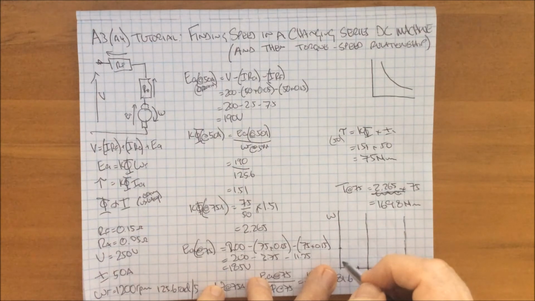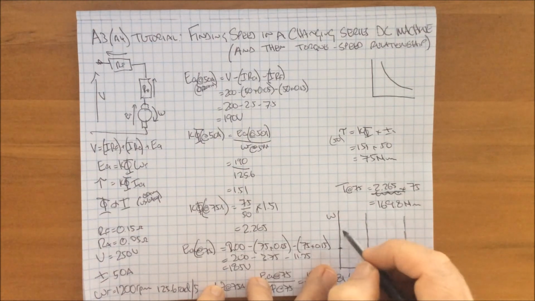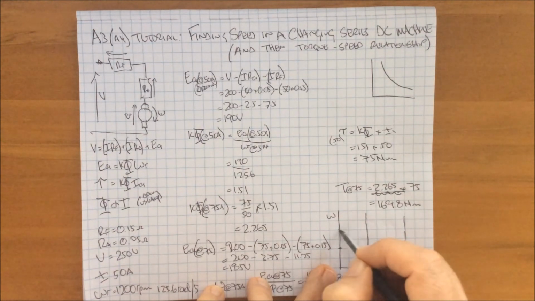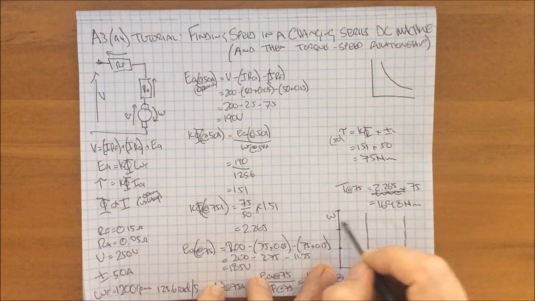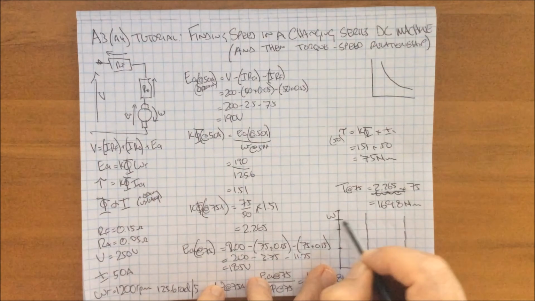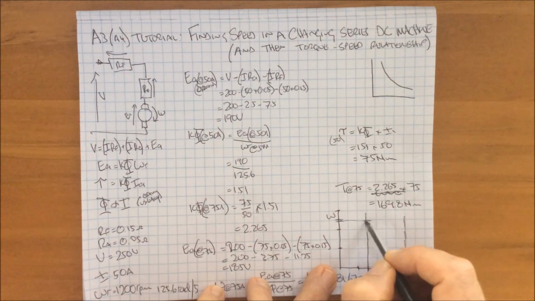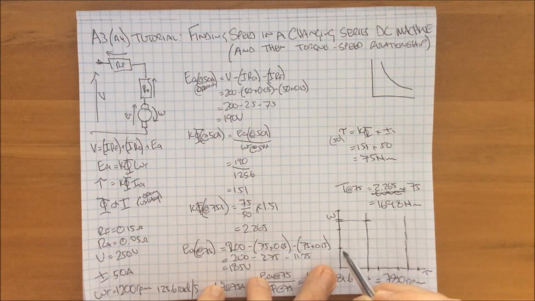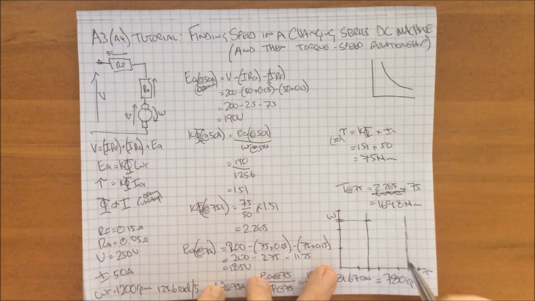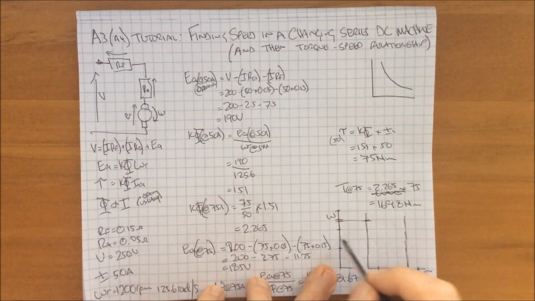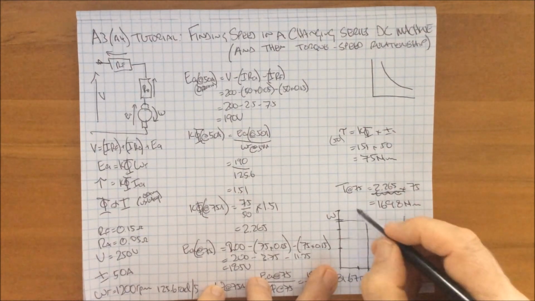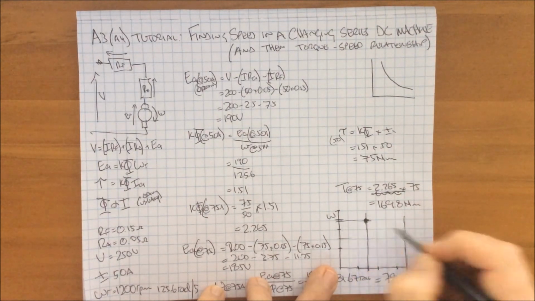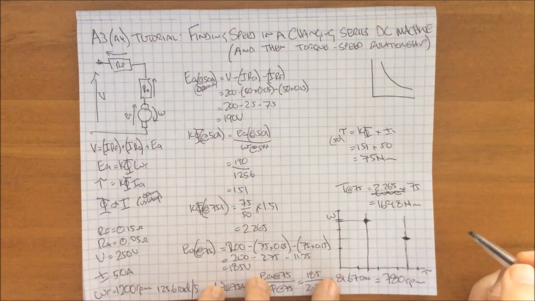So if we make that 500, 1,000, and 1,500, then we're going to have speed at 1,200, or just beneath that line, which is going to be here. And this one, we're at 780, about there. So we have this inverse relationship here. Here's one data point, and here's another data point.